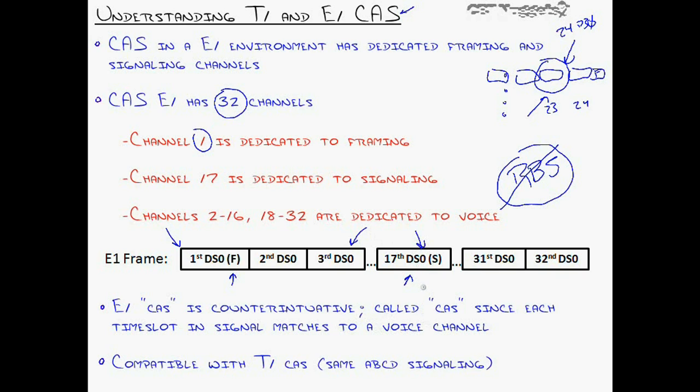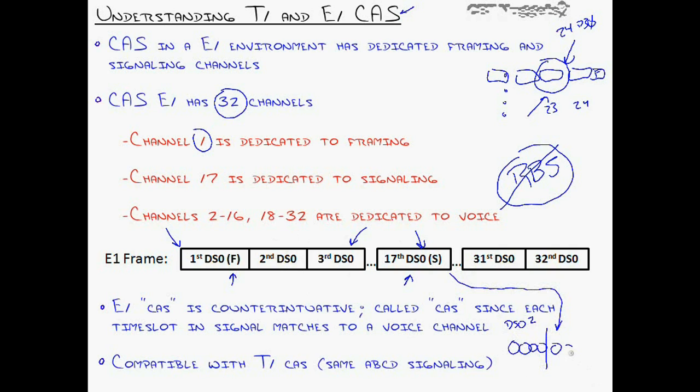Well, the reason why is because it uses the same standard of signaling that T1 does. Meaning, if I were to grab the first frame from this DS0, every frame in that DS0 is 8 bits. The first 4 bits are dedicated to DS0, well, I guess you could say DS02, which is going to be our first voice channel.